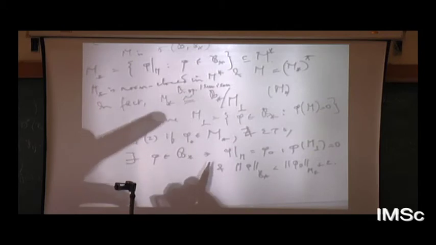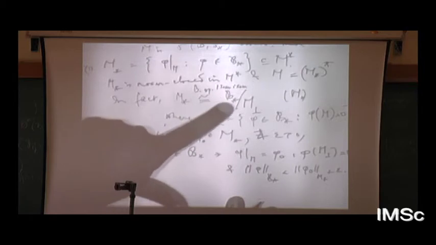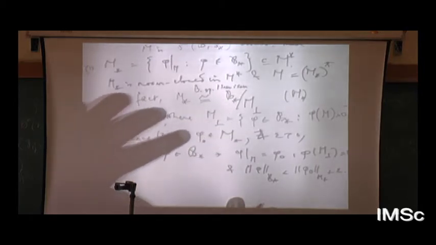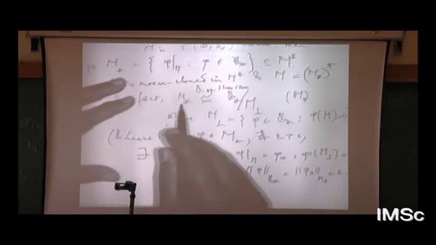So I'm slightly waving hand, but I'm saying this shows that in fact one has that M lower star is identified with E lower star mod M perp. The argument is exactly the same. You're taking this mapping T from E lower star to M lower star by restriction.